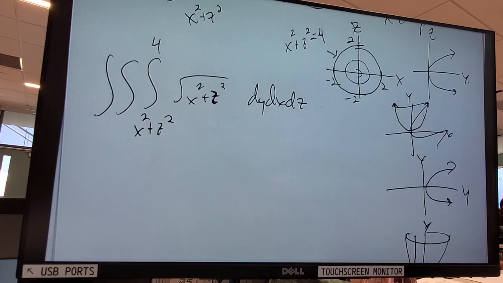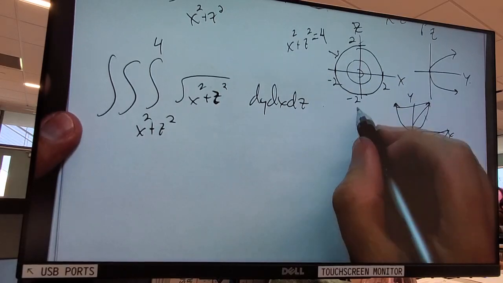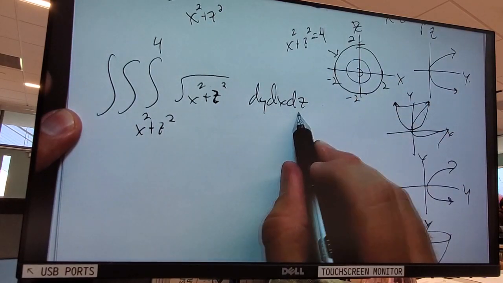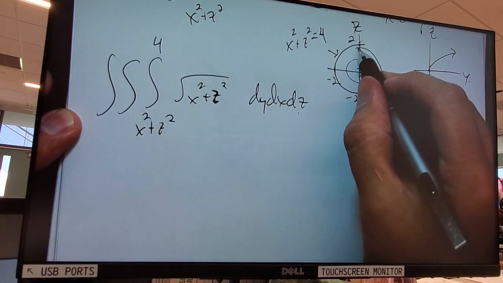The last integration I'm doing should plug numbers into the last variable that's living, so there are no variables at the end. What can I put on the outer limits? Negative 2 to 2, right? So z is going from negative 2 to 2.